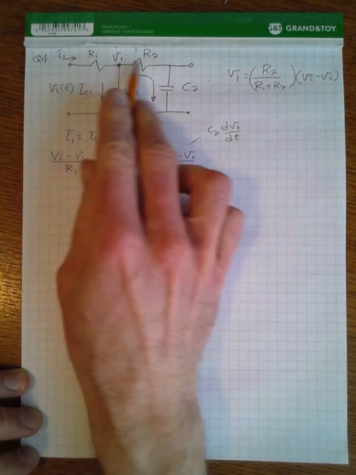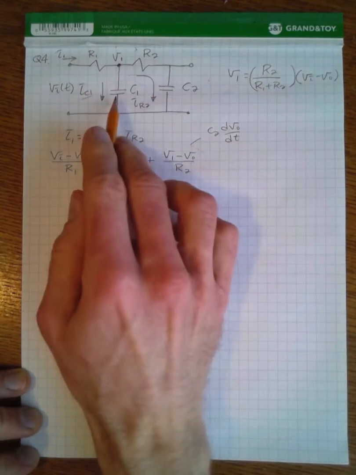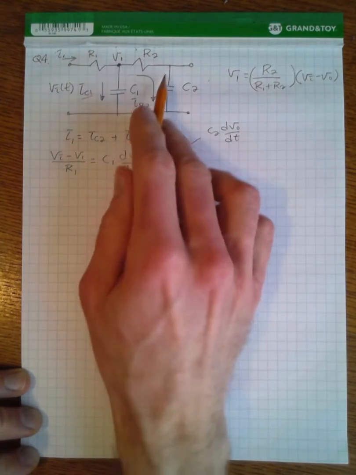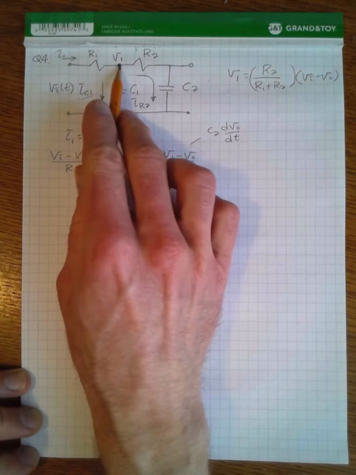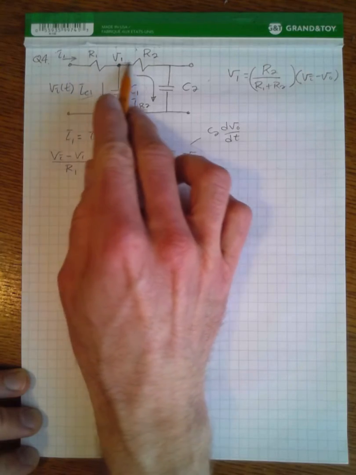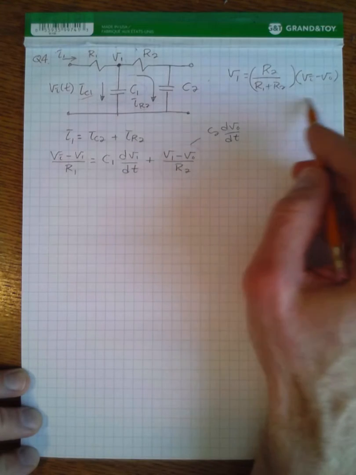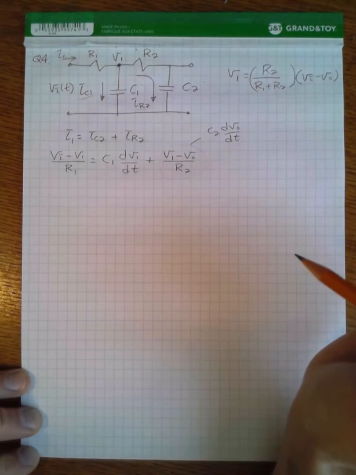And you can't use the voltage divider equation, or if you want to use the voltage divider equation, you have to account for the other things connected at these nodes as well. You can't just choose one path and neglect these capacitors. So the folks that did this also lost a few marks.